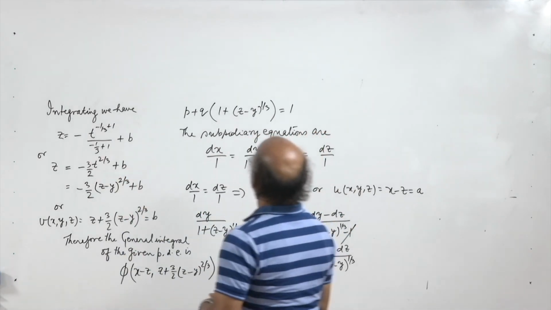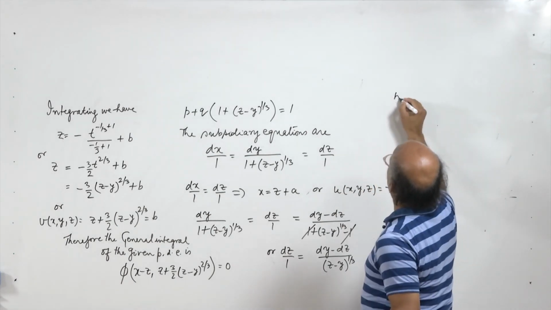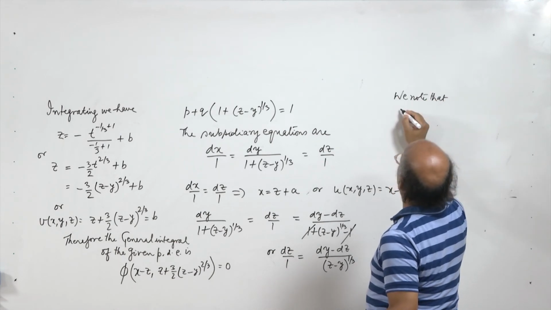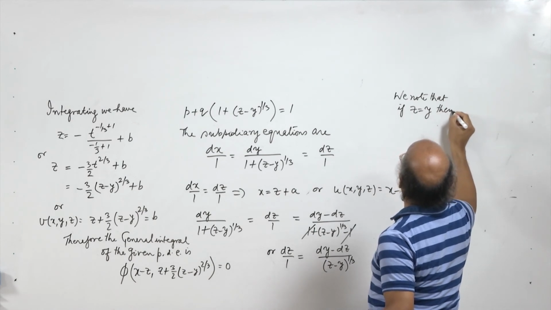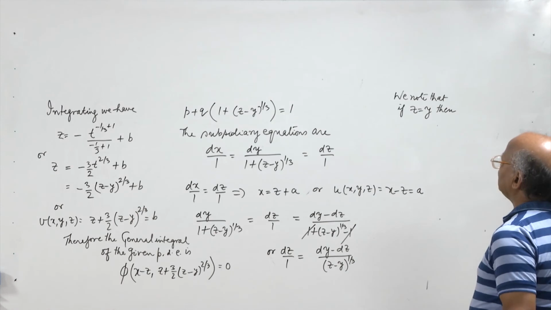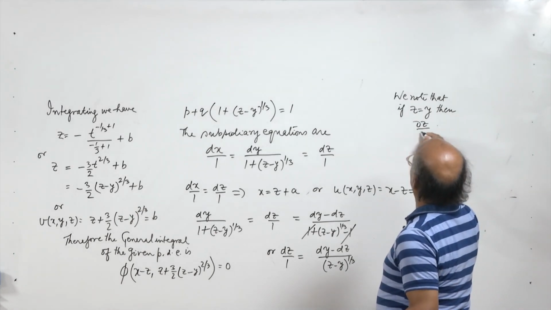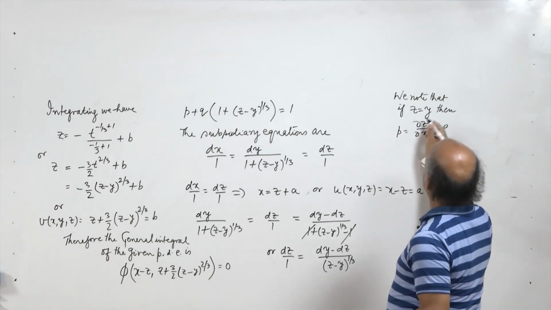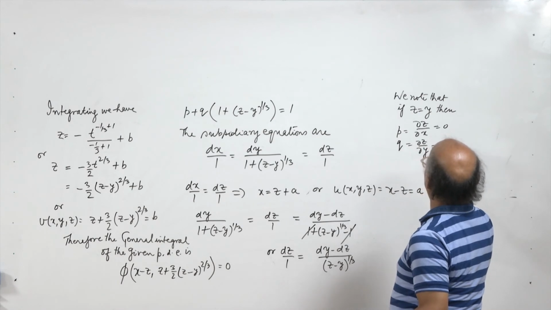Let us notice that if you take z equal to y, then due to the independence of the variables x and y, when we differentiate z with respect to x we get 0, and when we differentiate z with respect to y we get 1.